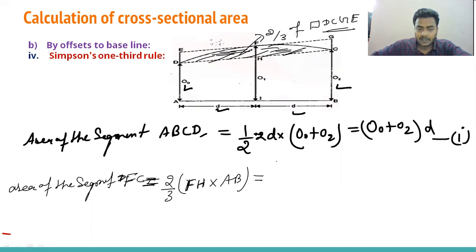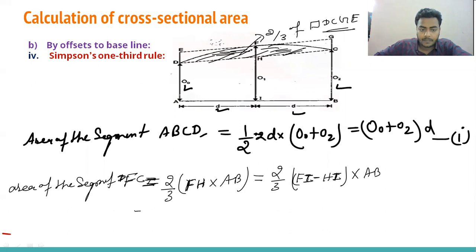So now we can write 2 by 3 into FH. FH we can write, what is this point I. So that we can write FI minus HI, HI, right? Into AB.